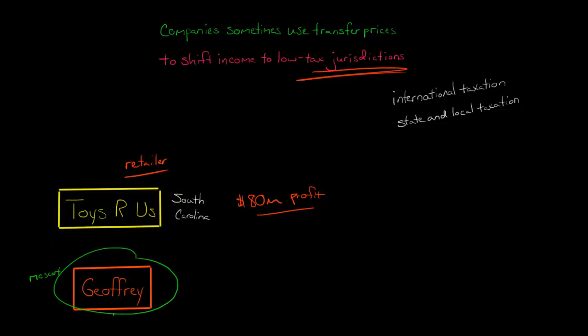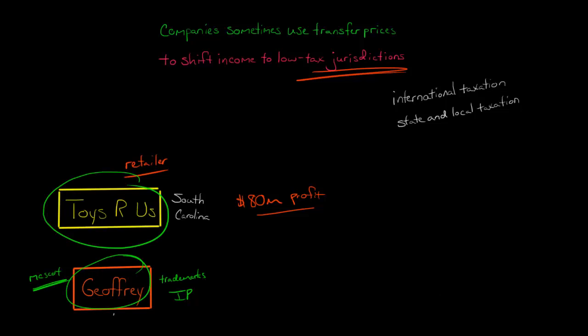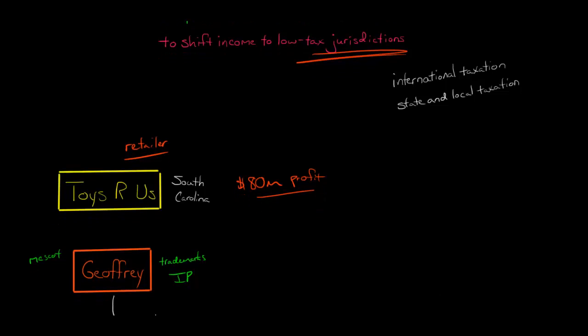Jeffrey, as its own entity, had all the trademarks and intellectual property related to Toys R Us. So to use the name Jeffrey, which is the mascot for Toys R Us, they had to pay a royalty.